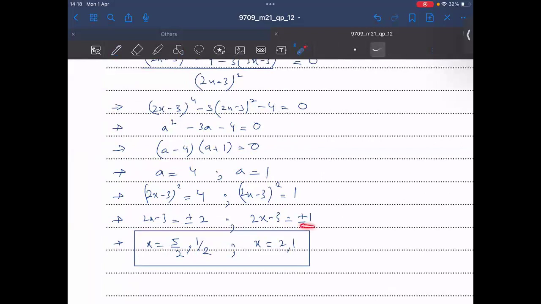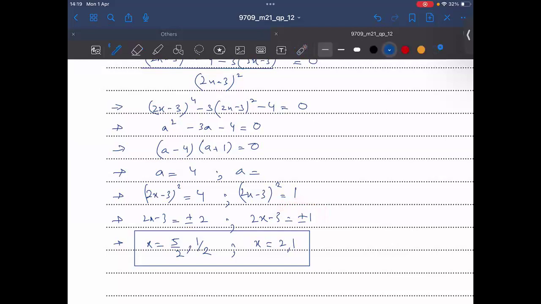It's going to be minus 1 plus 3. It's going to be 2 over 2. Over here? No. It's going to be 1 plus 3. Oh, 4 and minus 1. Yeah, sorry.